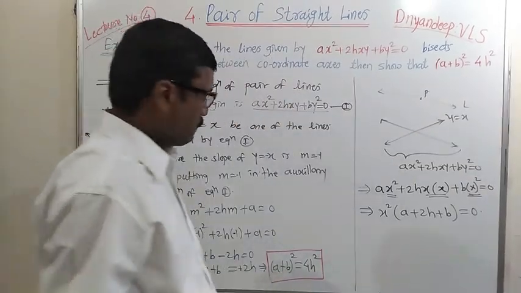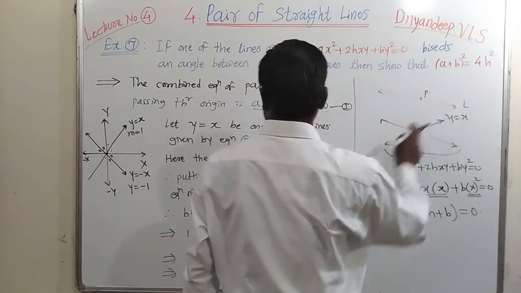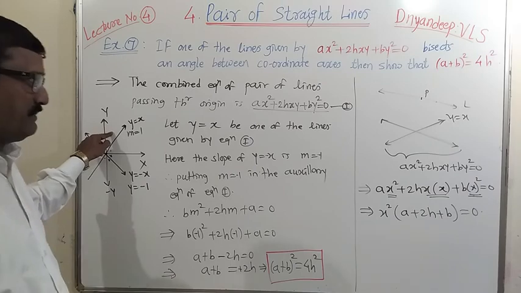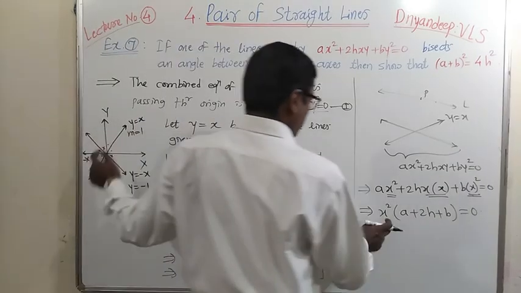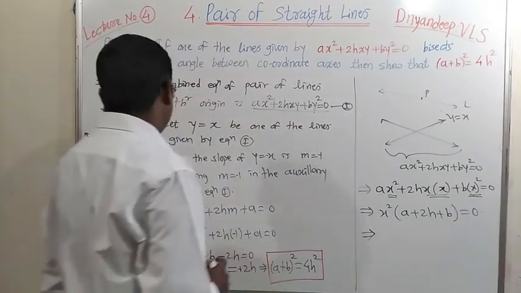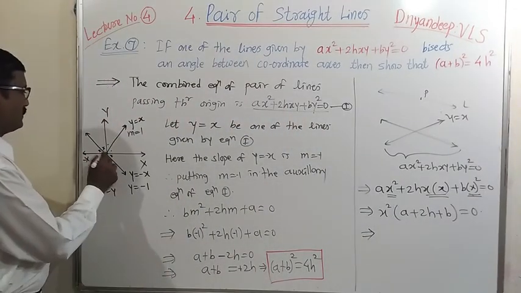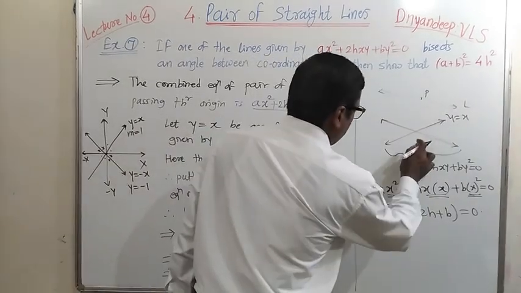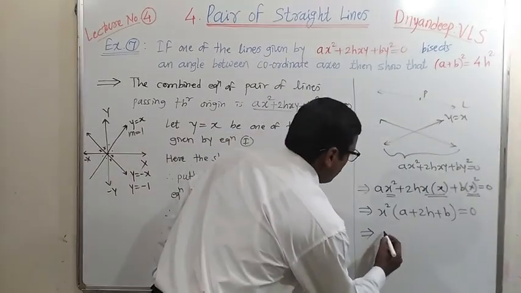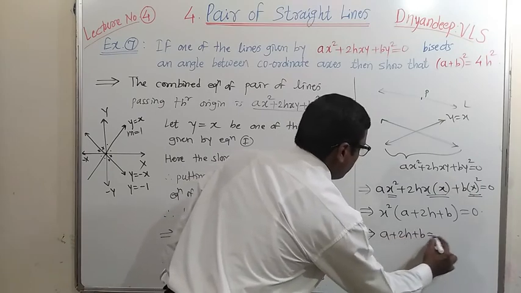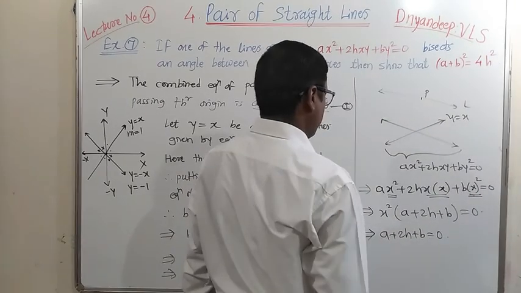But as the equation y equal to x is given, it is the bisector of this. So x will never be 0. X square is not 0, which implies actually one point on y equal to x is given. So x is not equal to 0, therefore a plus 2h plus b equal to 0.